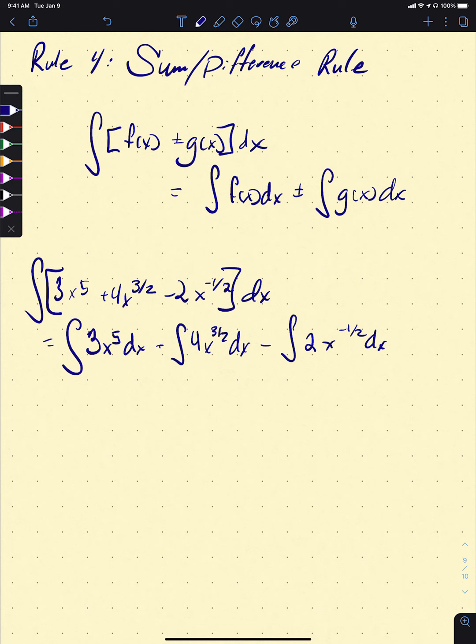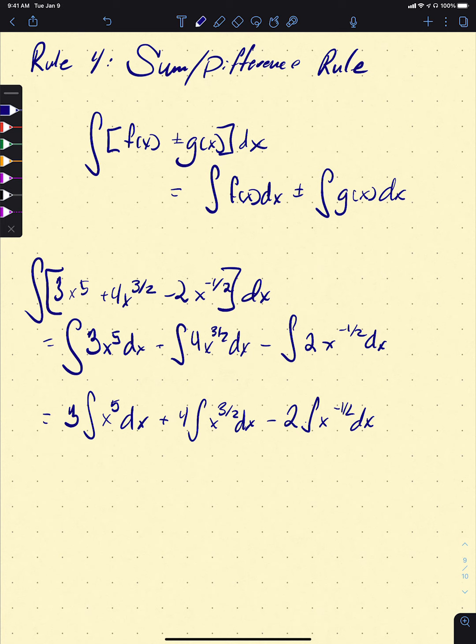And then we can actually apply the previous rule, 3 times the antiderivative of x to the fifth dx plus 4 times the antiderivative of x to the 3 halves dx minus 2 times the antiderivative of x to the minus 1 half dx, right?